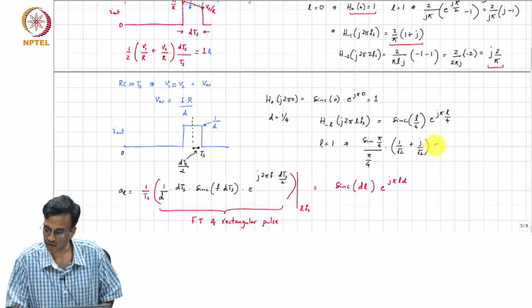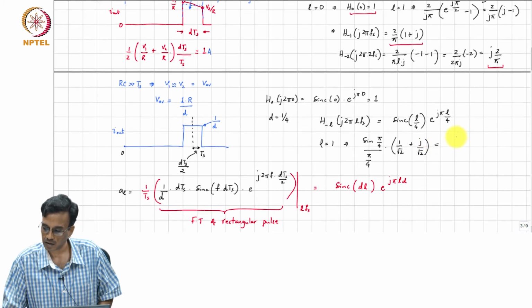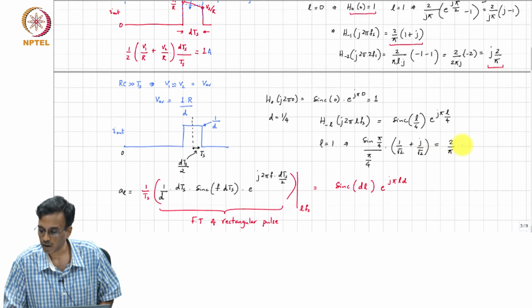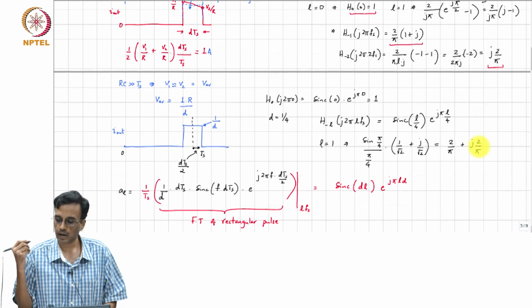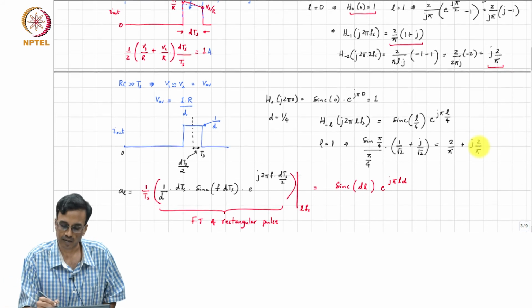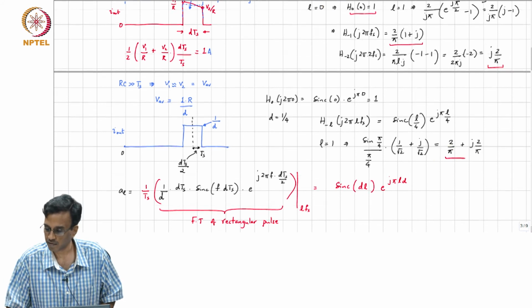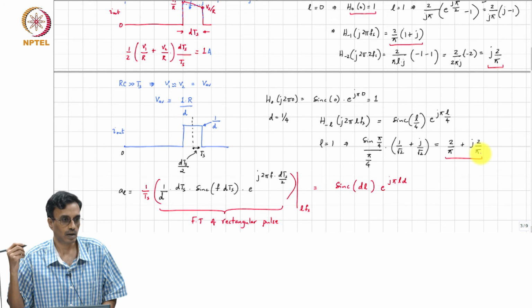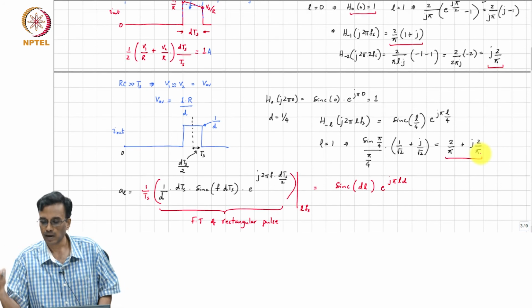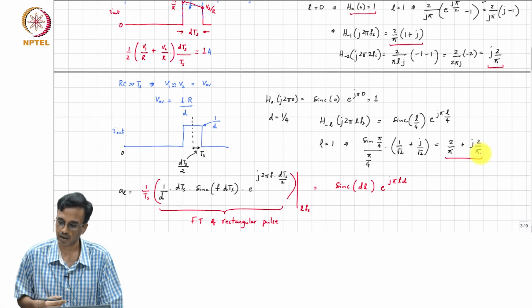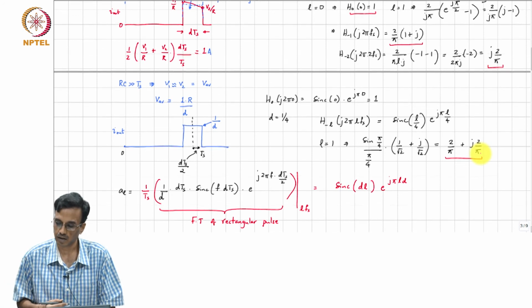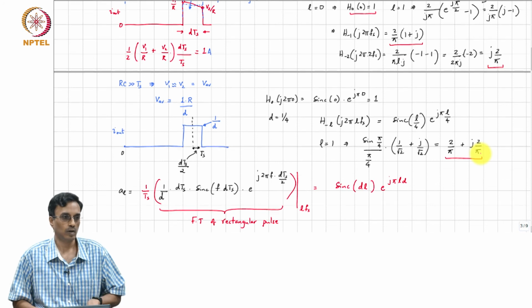This is therefore 2 by pi plus j 2 by pi, and that is consistent with what we have gotten, and so on and so forth. You can verify that the other relations also hold.